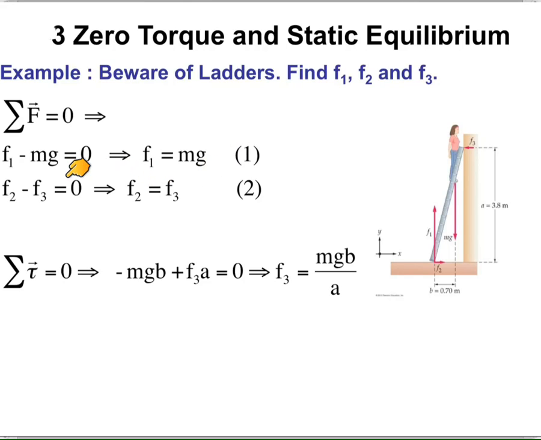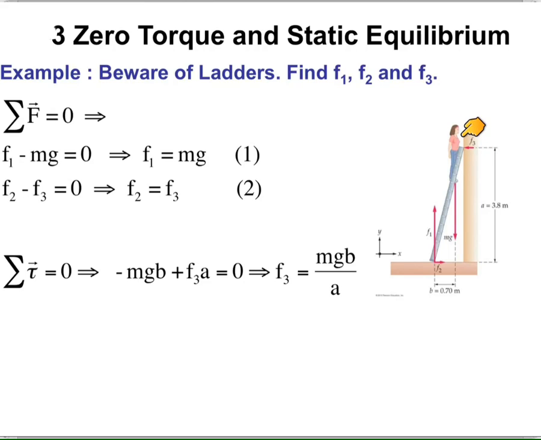The second one is the horizontal forces, and we keep the right direction as positive, so F2 is plus, but F3 is the contact force of the wall on the ladder. You might ask at this point, there must be a horizontal force also, right?